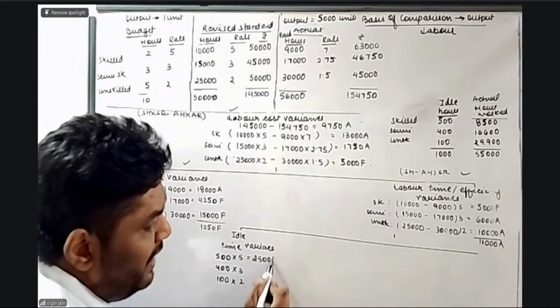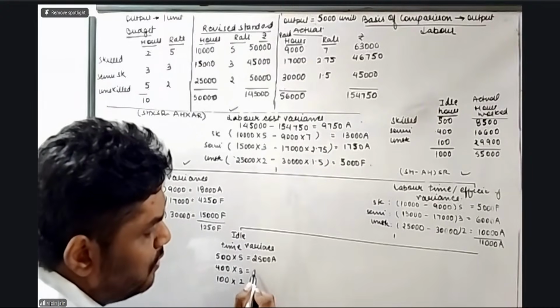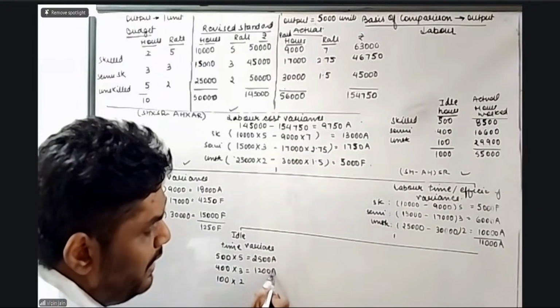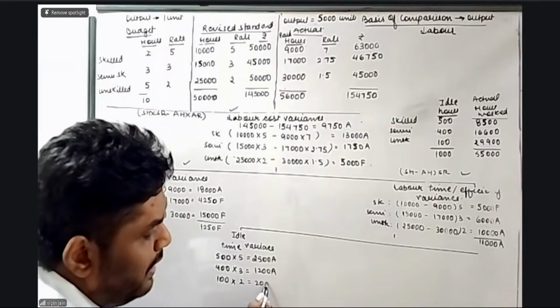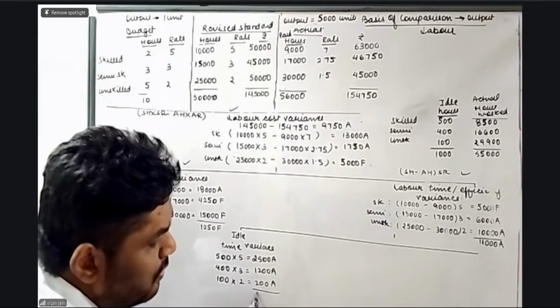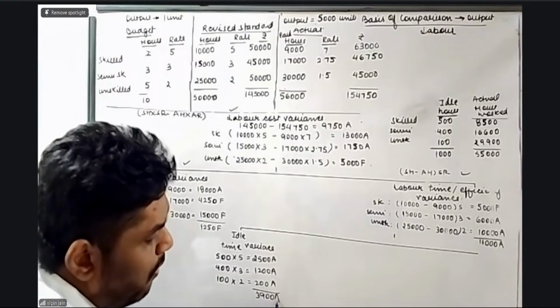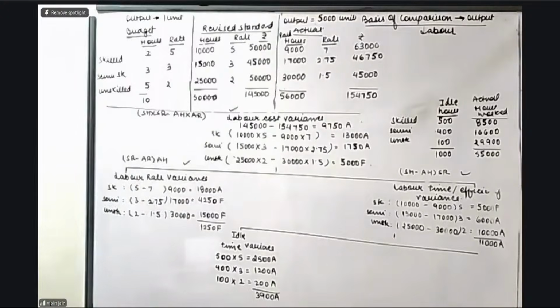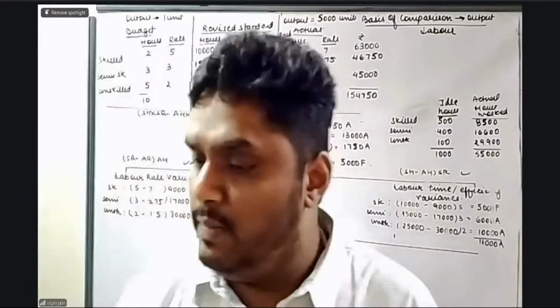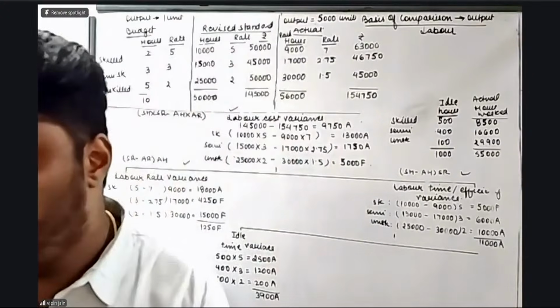So this will be 2,500 adverse, 1,200 adverse, and 200 adverse. So now 3,900 will be the idle time variance.